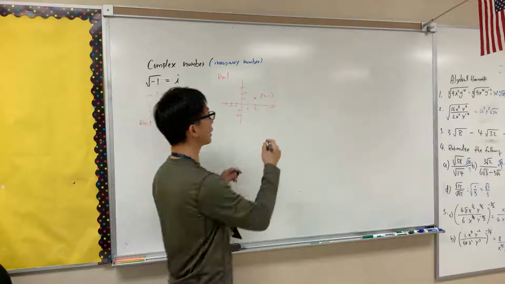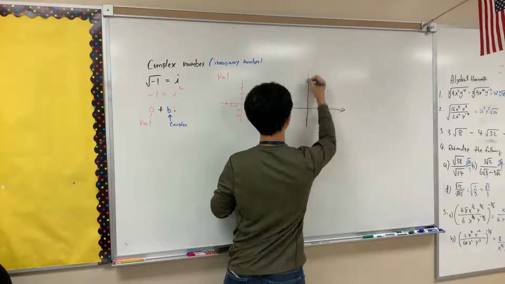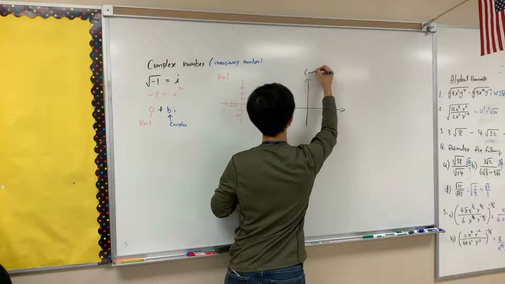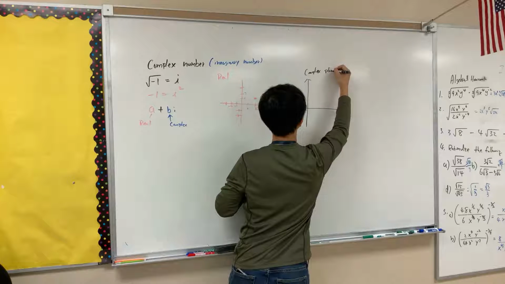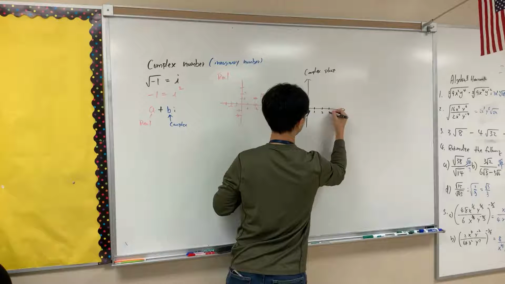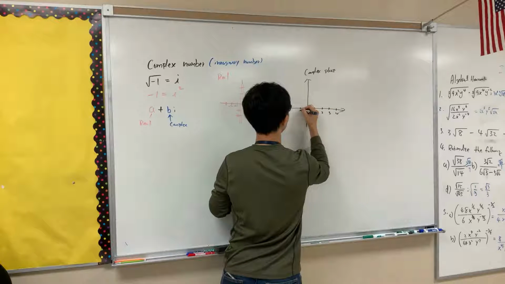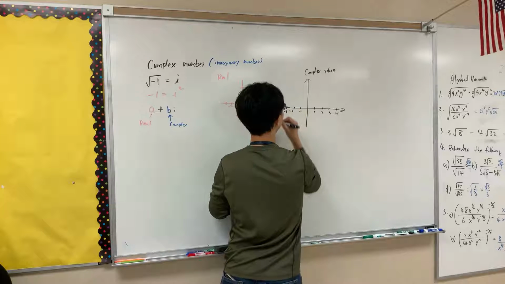But you're going to say, okay, well, what does a complex plane look like? So this one's a complex plane. Right here it's still going to be 1, 2, 3, 4. Right here it's negative 1, negative 2, negative 3.